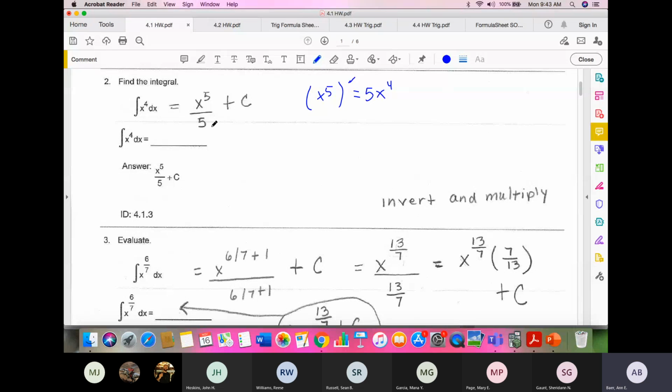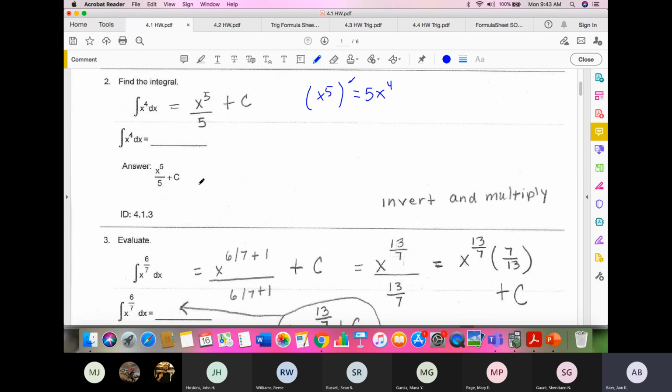So the power rule for anti-differentiation tells us to add 1 to the exponent and divide by that very same exponent. And then add the constant of integration. So this is x to the 5th divided by 5 plus the constant of integration.